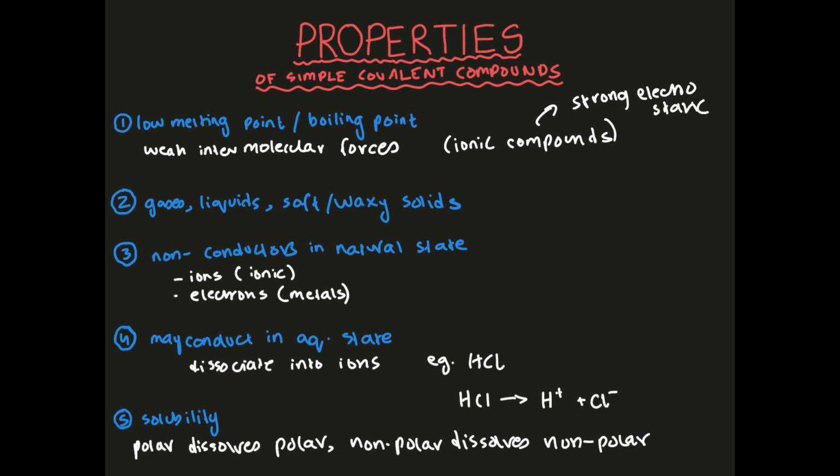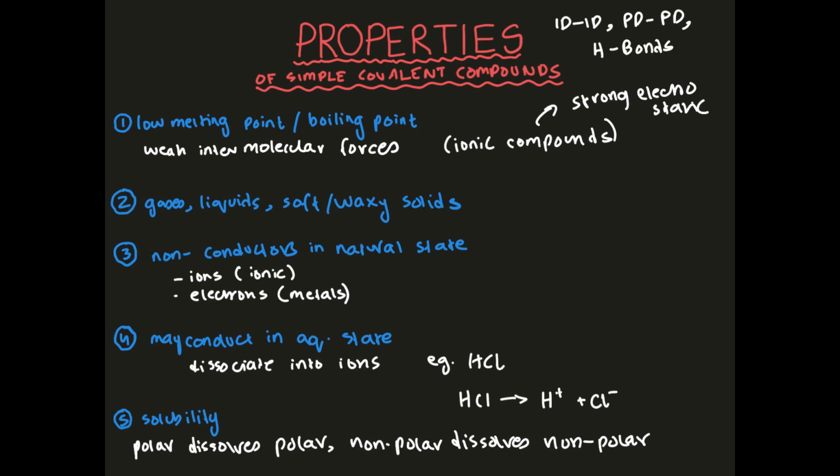Whereas over here, the simple covalent compounds mainly have ID forces, which is instantaneous dipole, induced dipole, PD forces, which are permanent dipole, and hydrogen bonds, which will be covered later in their respective videos.